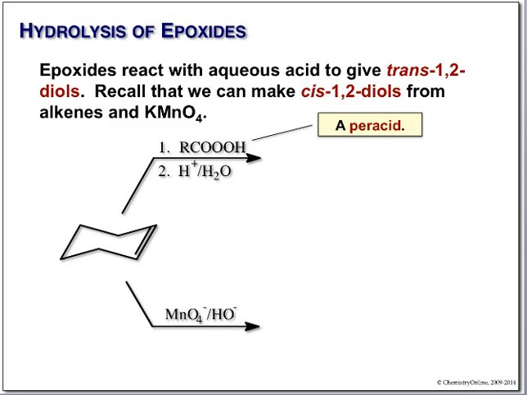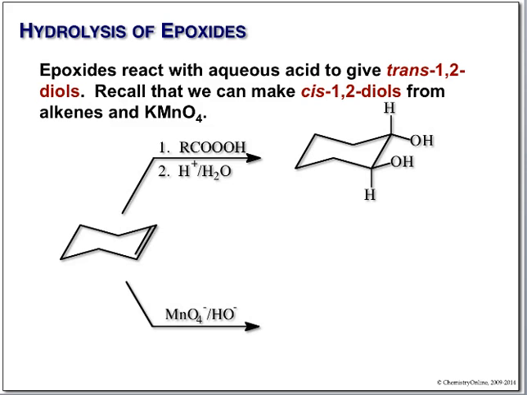That's going to open our epoxide, and we will get a trans 1,2 diol. I've drawn them both equatorial. Remember, they initially start off both axial, but they are trans. That's the important thing.